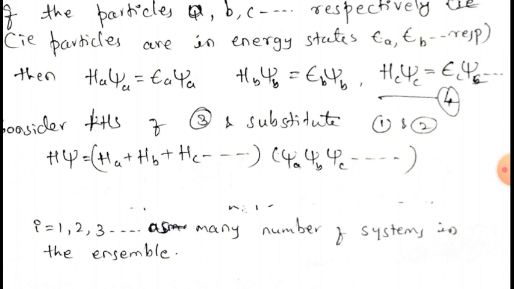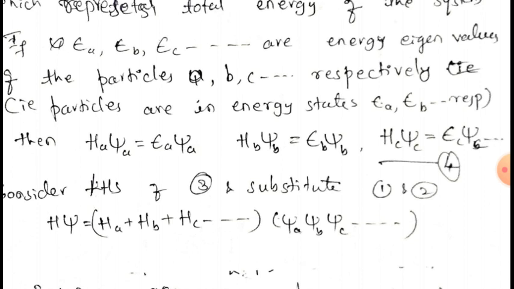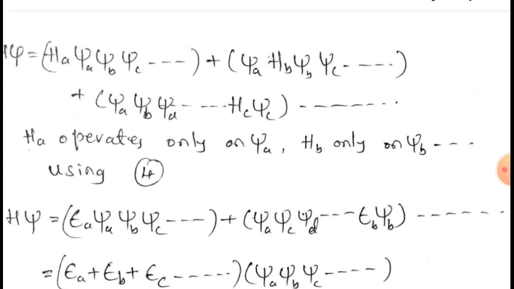Now substituting the equations in 4 into the LHS of equation 3, we get H psi is equal to HA plus HB plus HC and so on into psi A into psi B into psi C, the product of all the eigenfunctions.